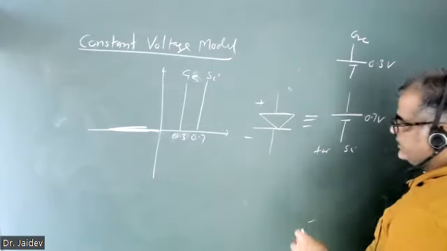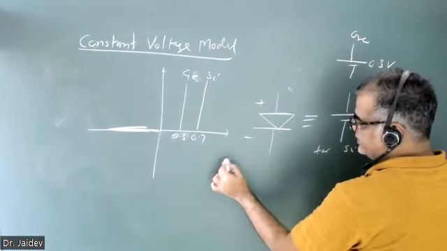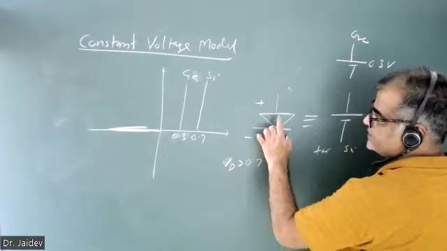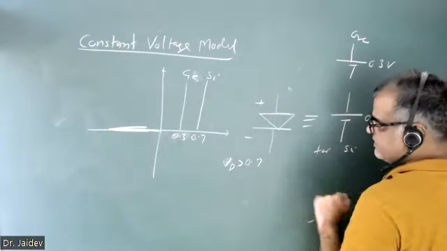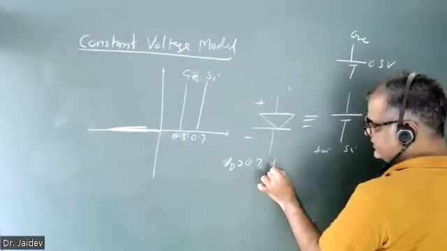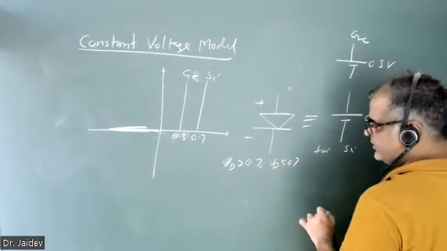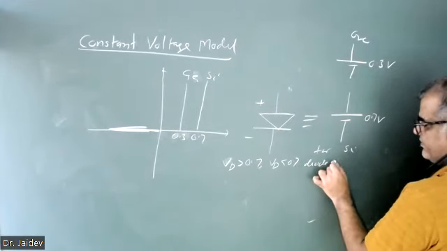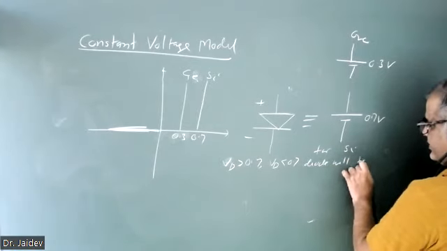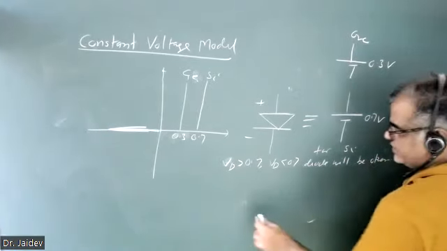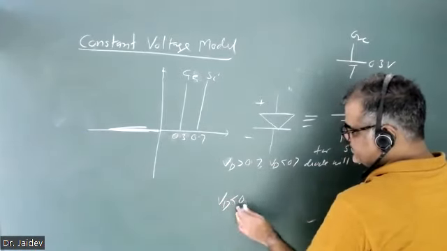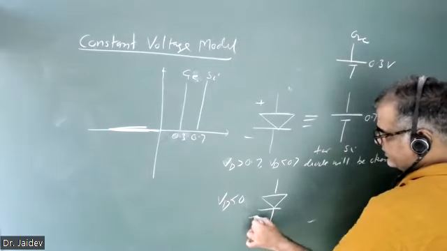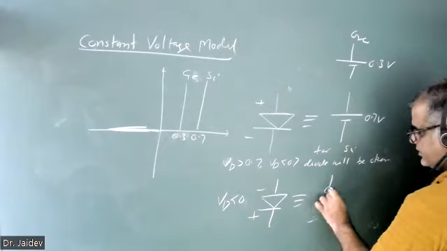When VD is greater than 0.7 across the diode, you can safely replace it by a battery. If VD is less than 0.7, then the diode will be open. And of course, when there is reverse bias and VD is less than 0, you can always do the same thing and make it open.